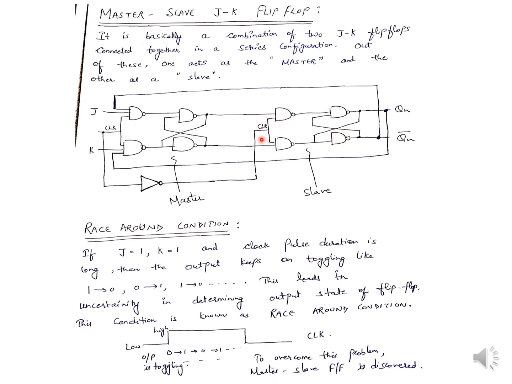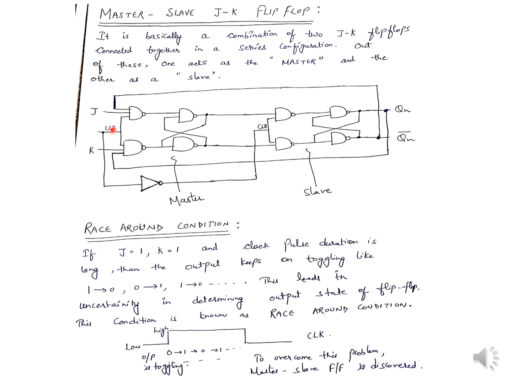This is another, the same JK flip-flop. This is a clock pulse here, and that is a clock pulse there, and this output is fed back to one of the inputs of this NAND gate. So it is very easy to draw.